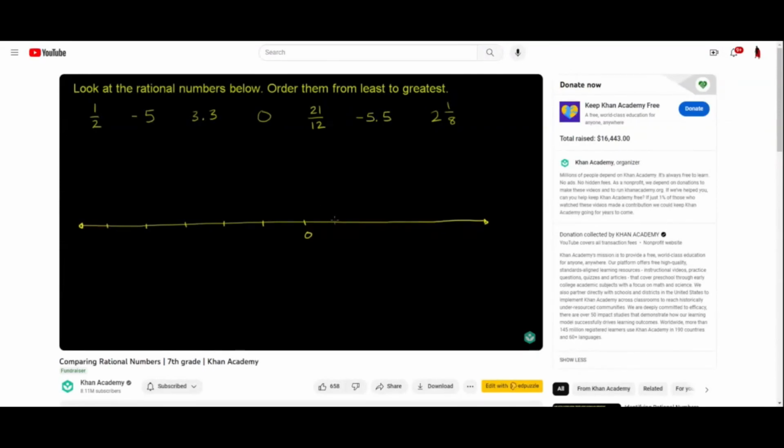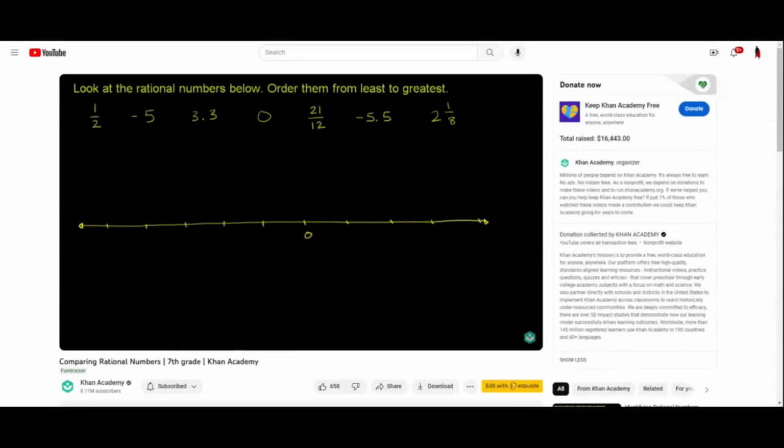Then in the positive direction, we have 1, 2, 3. And let's see if we can plot these. Let me make the scale a little bit better. So this is 1, 2, 3, and 4.